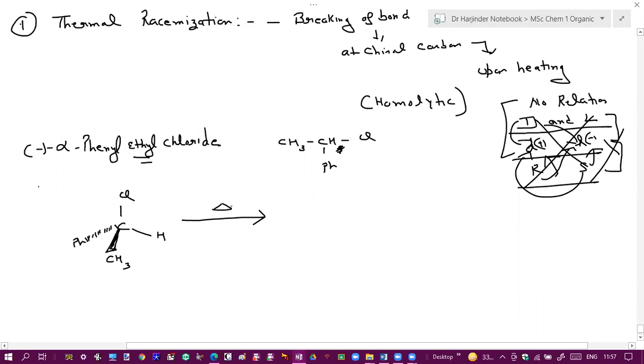If you heat it, upon heating homolytic bond cleavage will take place, and this carbon and this chlorine bond undergo homolytic bond cleavage, so there is a loss of chlorine radical. Okay, and you will get a free radical.